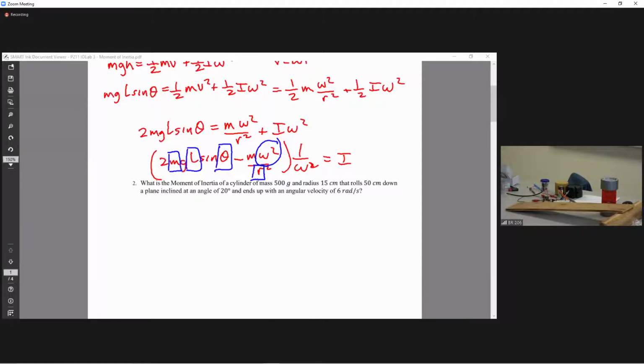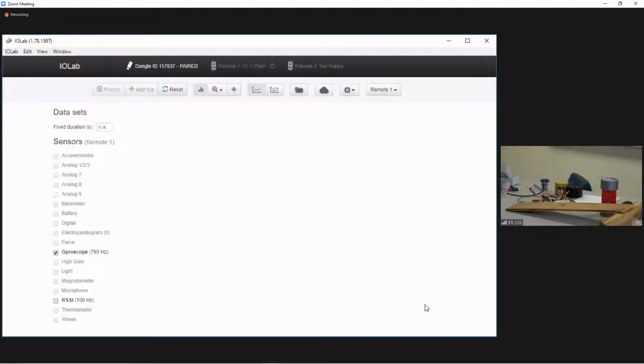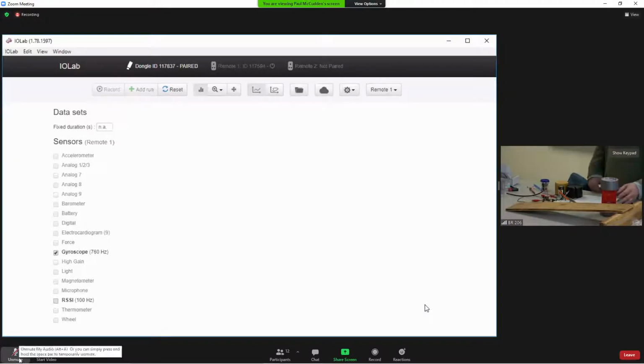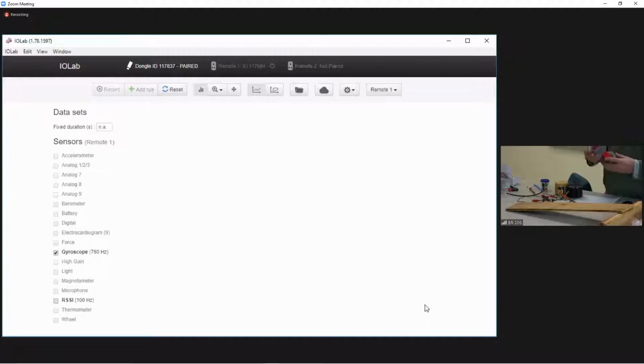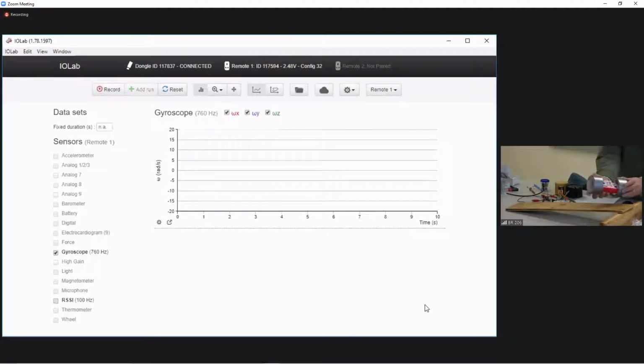So let's show you. Okay, you guys see my iOLab software? Yes, good. Okay, so I'm going to turn on my iOLab. Make sure it's connecting. It wasn't connecting earlier. Okay, I'm going to bring up a graph of gyroscope.